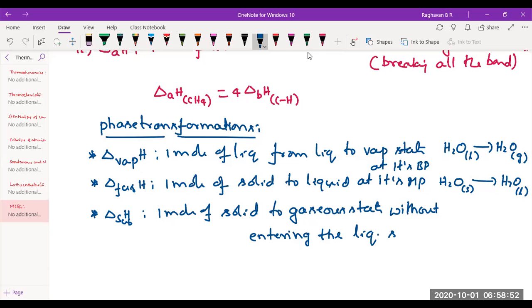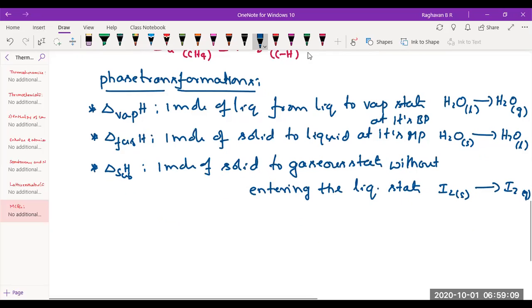That's the condition. So for example, iodine solid to iodine gas. So these are all phase transformations. Some definitions we can understand instantly, not a problem.